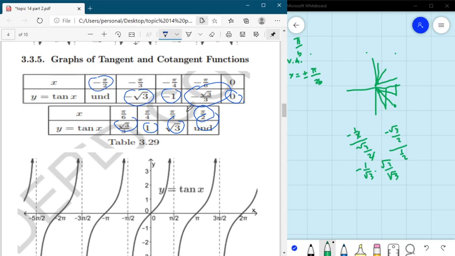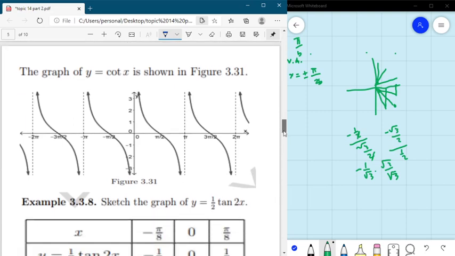Sorry, we discussed this earlier. So, you start at negative pi over 2. What is one period of it? Okay. So, we have here the graph for tangent.